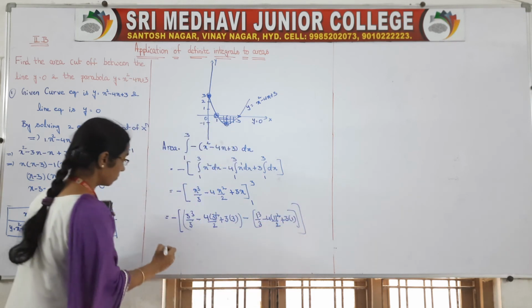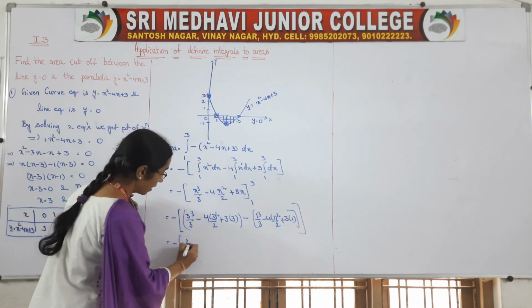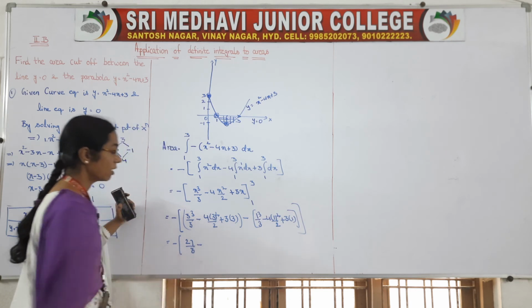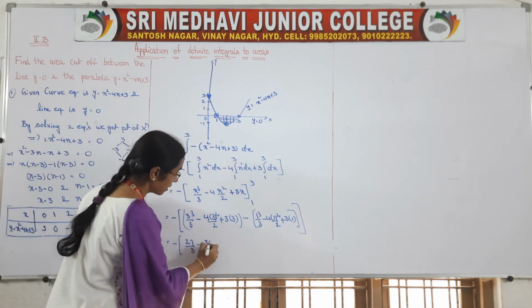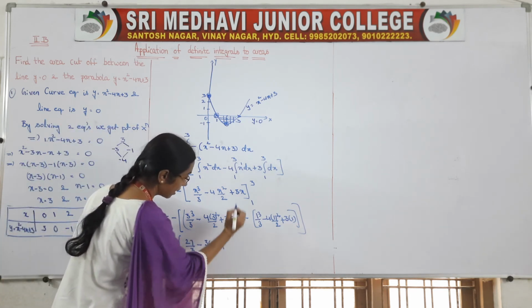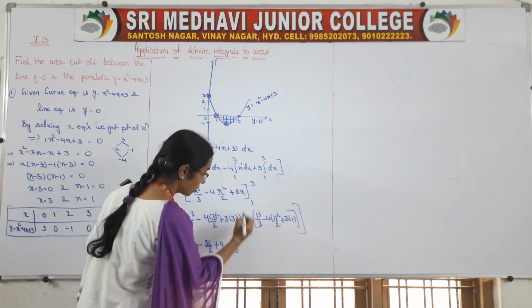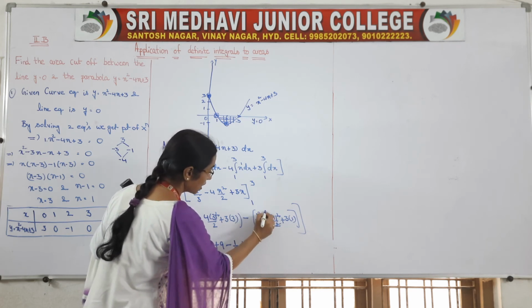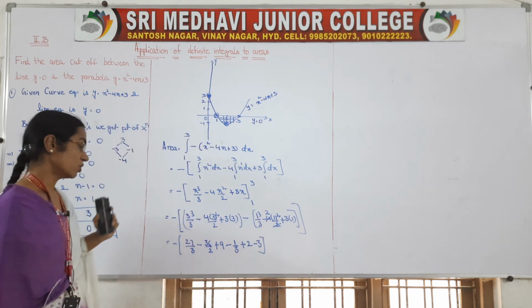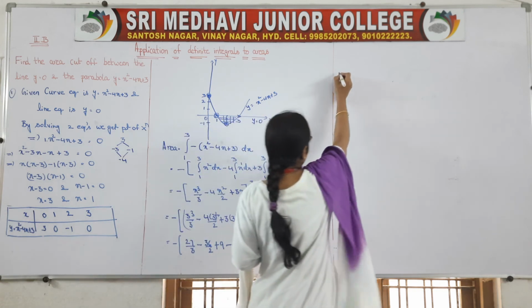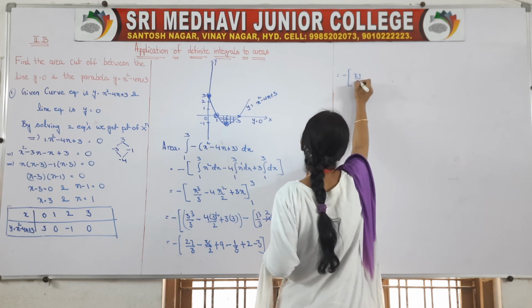So this equals 27 by 3 minus 36 by 2 plus 9, minus 1 by 3, next minus of minus, plus 2, and minus 3.